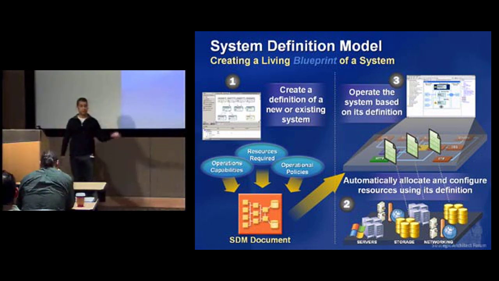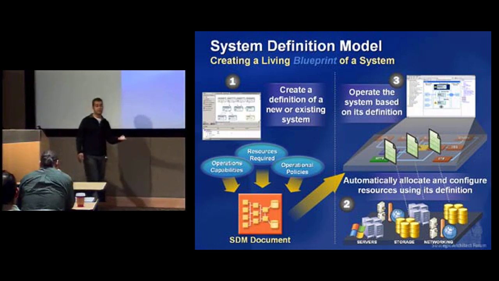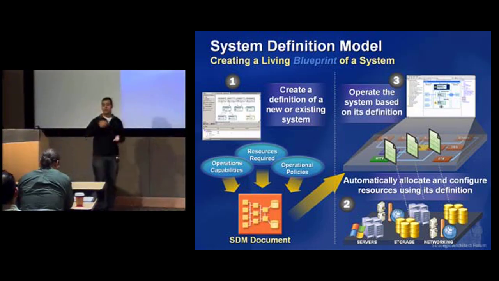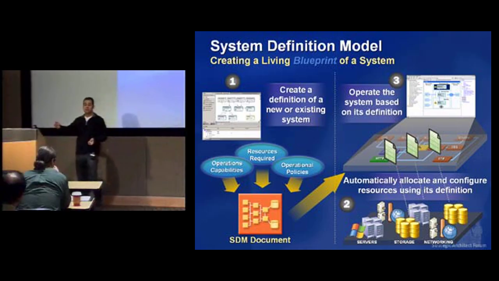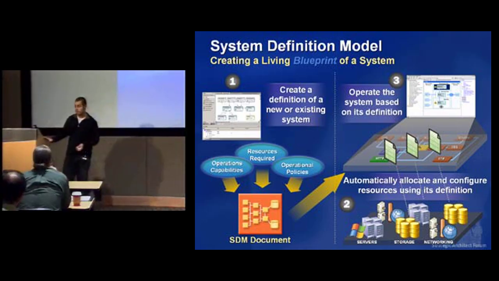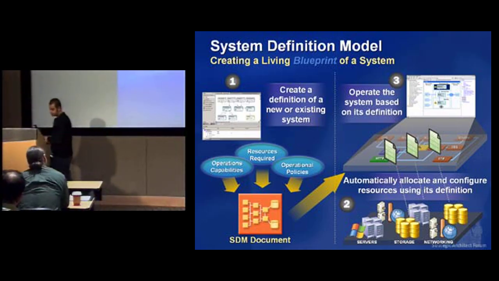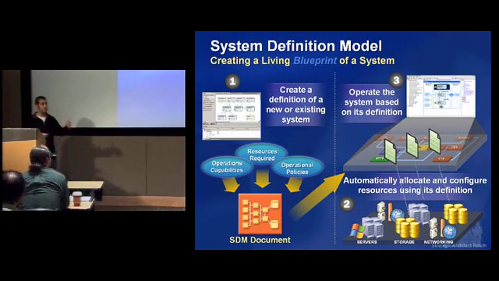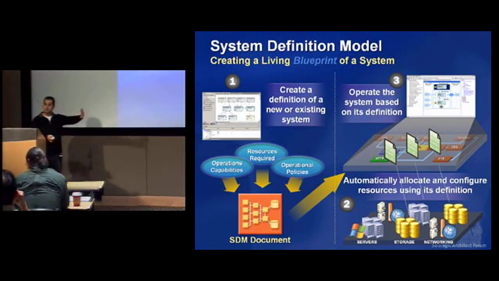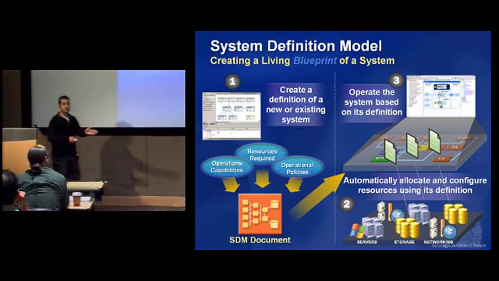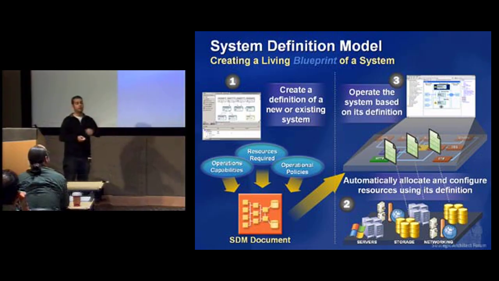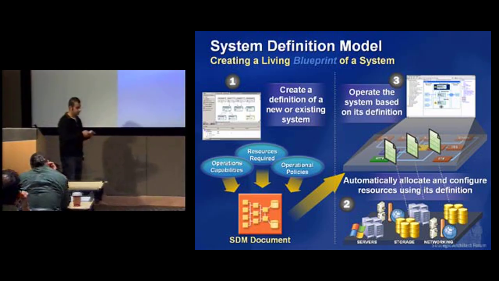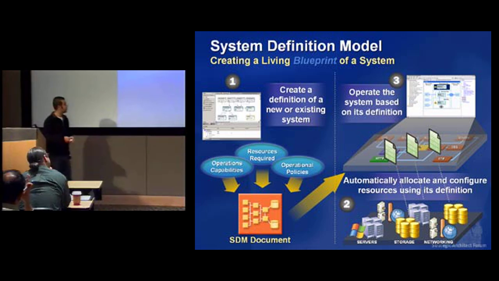From the minute the developers and the architects started building the system, all the way until the system is decommissioned or at its end of life. I'm going to walk you through an illustration here that visually shows how the SDM is used throughout the life cycle of a system, and then I'll talk about some of the details on the SDM and how it's actually used throughout the life cycle of a system.